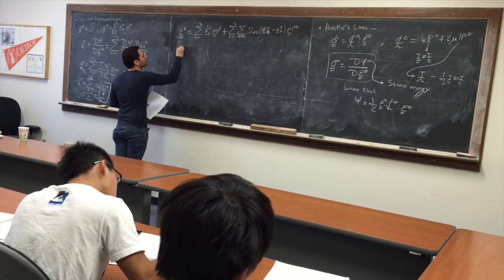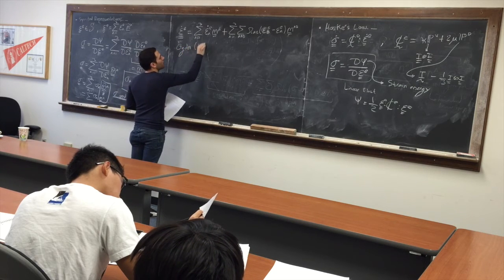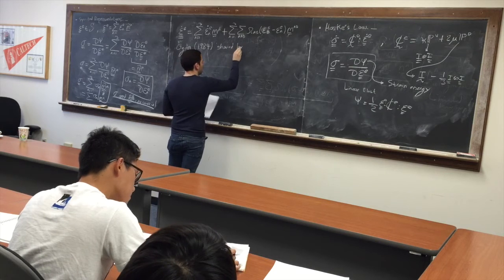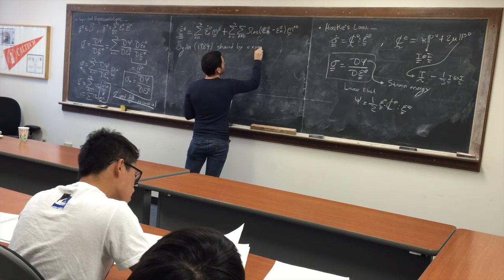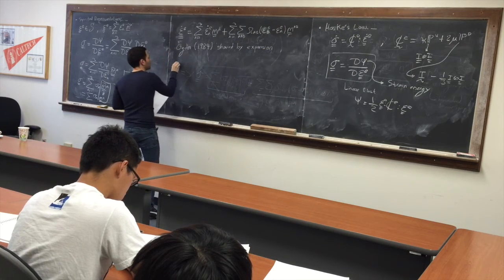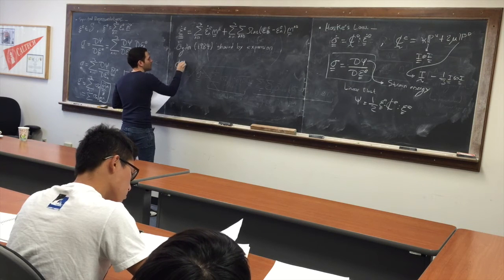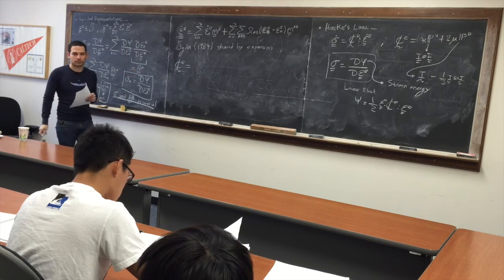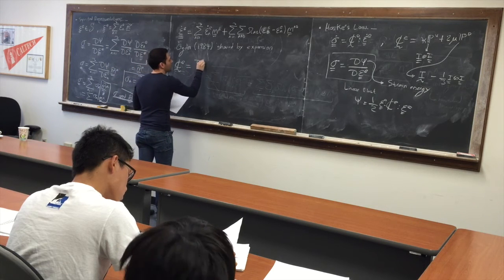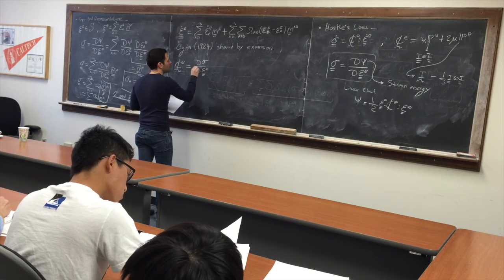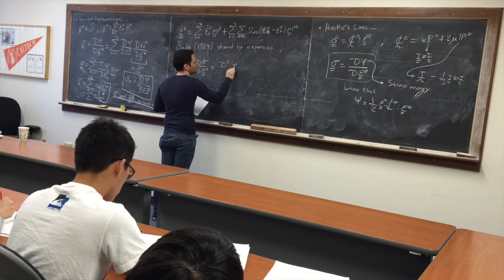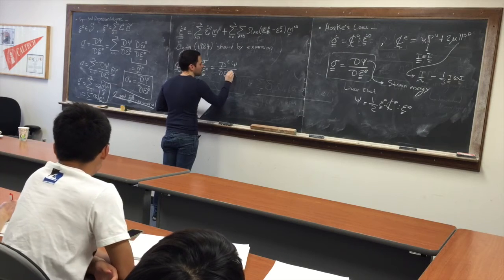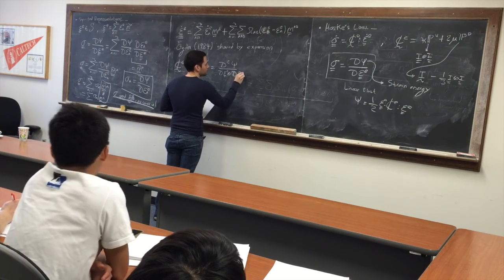So in the same way, Ogden, in 1984, showed by expansion that this four-order tensor, elastic moduli, which is equal to the derivative of sigma with respect to epsilon elastic, so that implies that this is the second derivative of the strain energy, right?